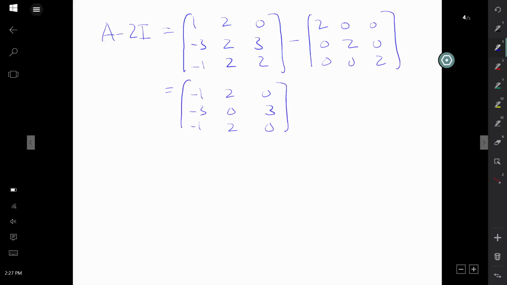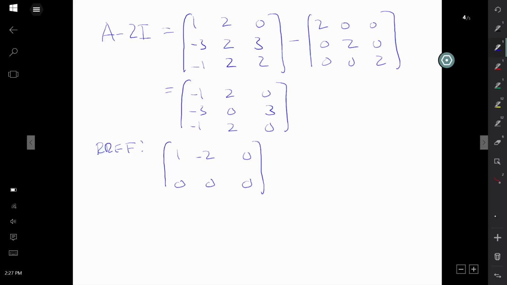Okay. And I try to get this thing down to reduced echelon form. So let's see. I'm going to go 1, minus 2, 0. We can see that row 1 and row 3 are identical, so I get that row of zeros at the bottom.